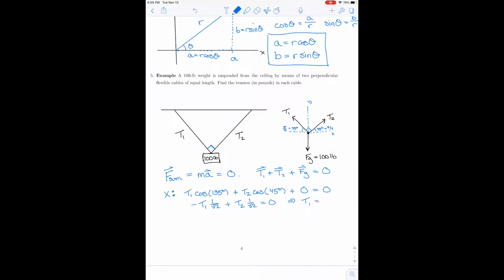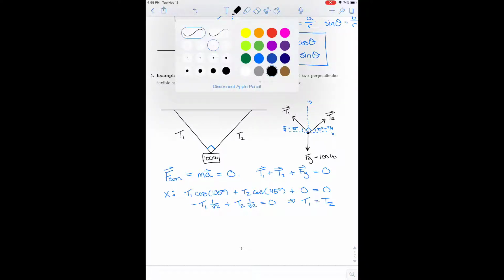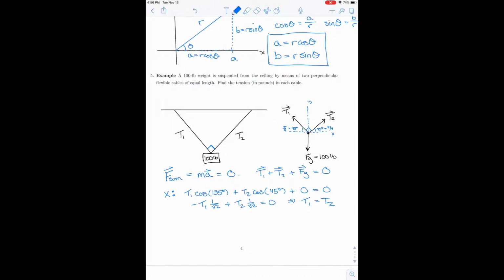And that's going to tell us that the tensions T1 and T2, which are the lengths of the vectors T1 and T2, both have to be equal. So I'm going to call these T. So this should be expected, because if we're balancing that weight on these two cables, and the cables are both pointing in kind of equal and opposite directions at a 90-degree angle, we'd expect that the tensions in each of the two cables would be equal.